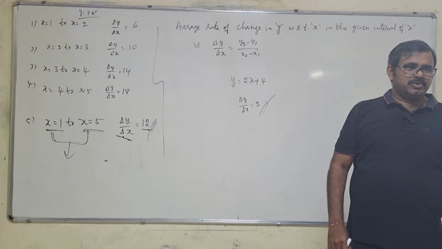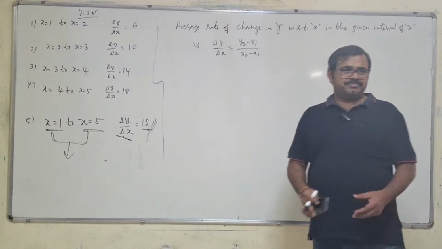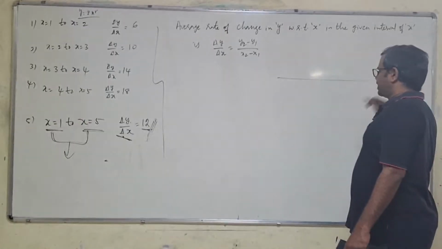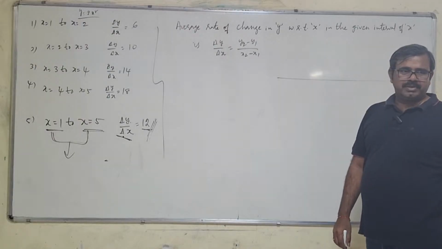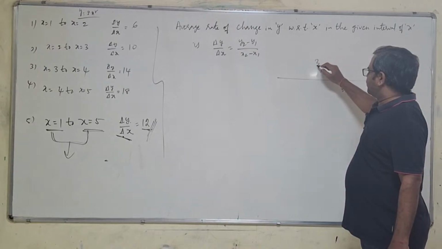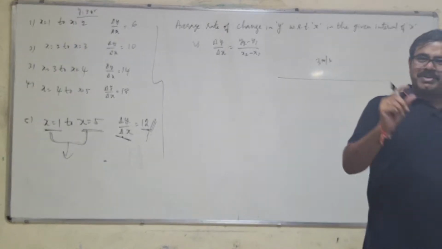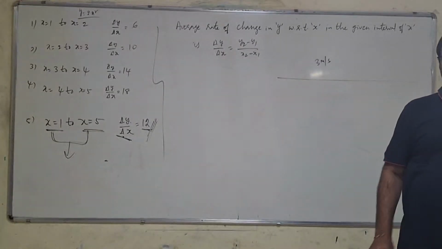Okay. So you understand the difference between constant speed and variable speed, right? Suppose if your body is moving in a straight line. It is traveling with a constant speed of 3 meters per second means what? In every 1 second it covers 3 meters distance.